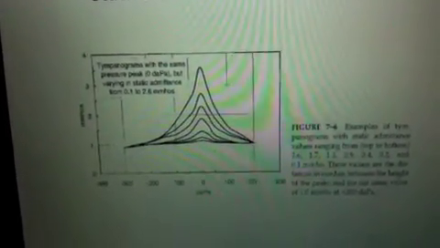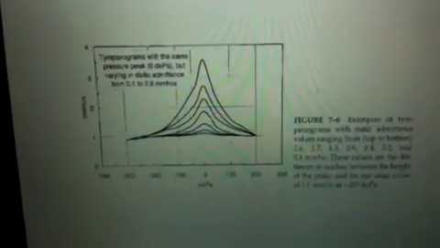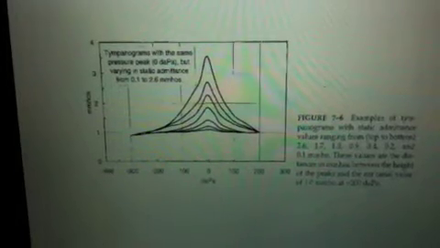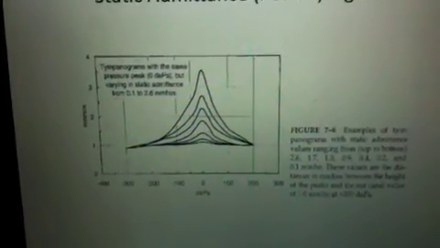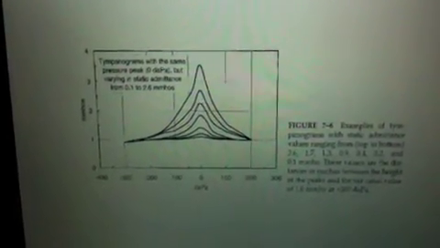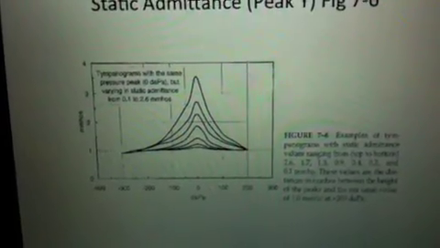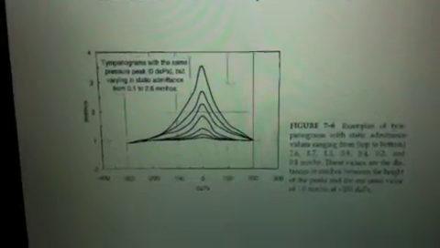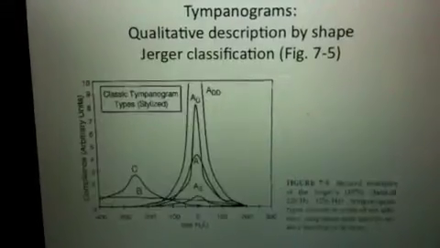All of these tympanograms show that the peak occurs at the same pressure. However, the compliance of the tympanic membrane, how much the tympanic membrane moves, how much energy is being admitted into the system, is what varies between these tracings.